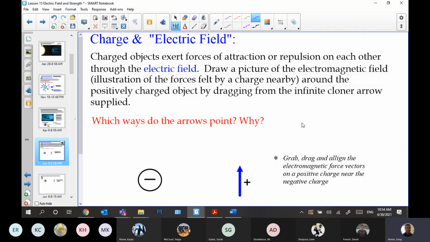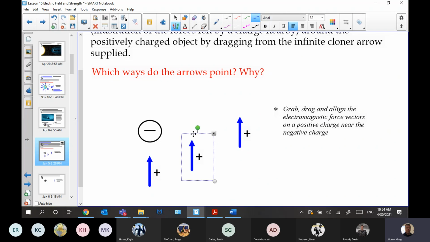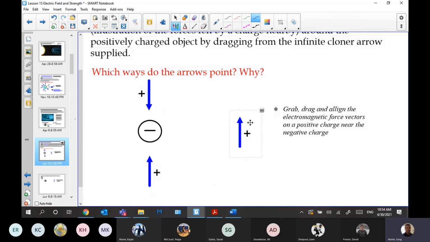What we are talking about now is electric fields. Same idea as the gravity one. If I had a positive charge near a negative charge, then we would have an electric force of attraction, causing all of these things.